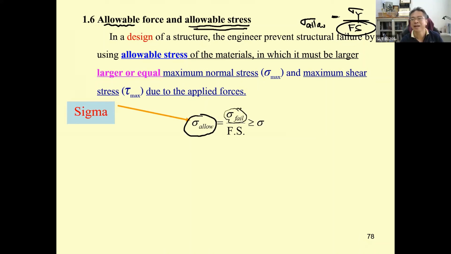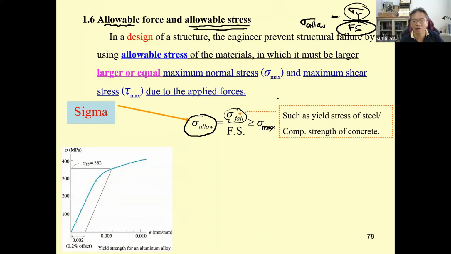In the big picture, we still consider sigma sub y as the failure stress of the material. Usually, sigma allow must be larger than sigma max that occurs due to the external load. When the sigma allowable is larger than the stress due to external load, the structure will be safe.